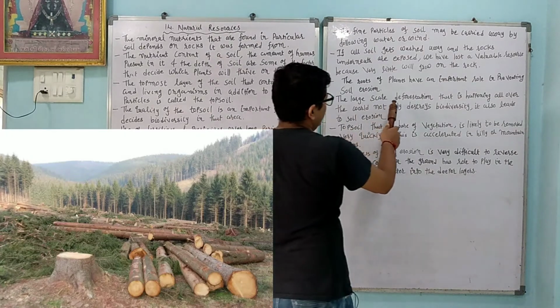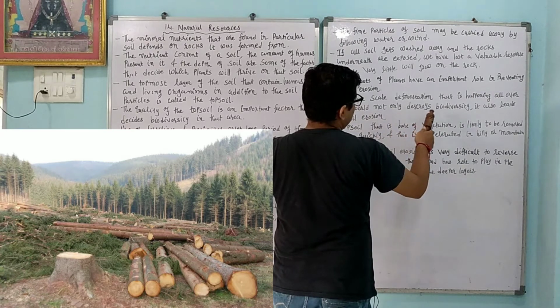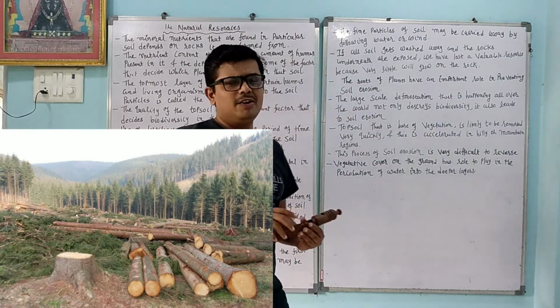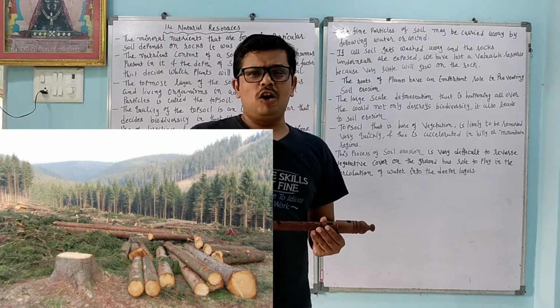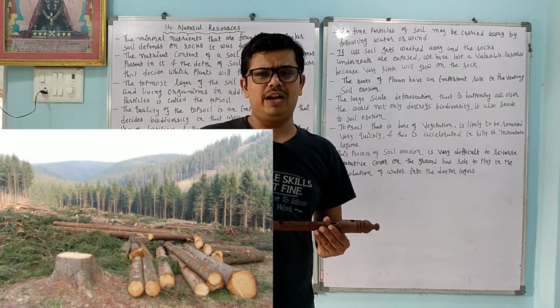The large scale deforestation that is happening all over the world not only destroys the biodiversity, it also leads to soil erosion. Okay, so plants stop the soil erosion. They hold the soil so tightly.